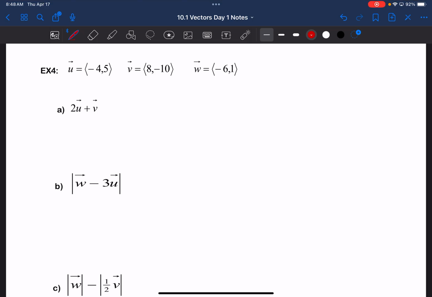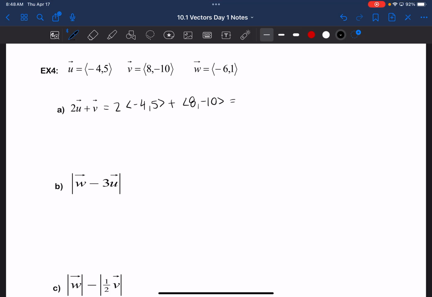For the first one, we're just doing operations. So this would be 2 times vector u, which is (-4, 5), plus vector v, which was (8, -10). Order of operations would tell me to multiply first, right?